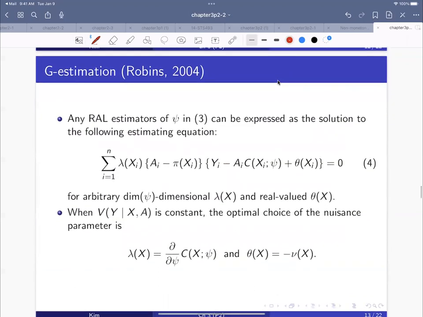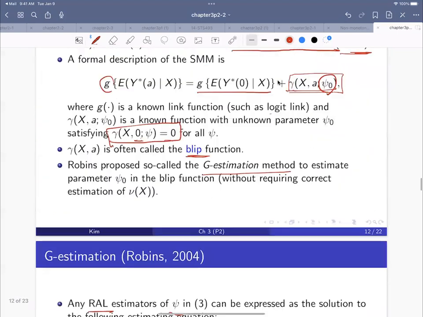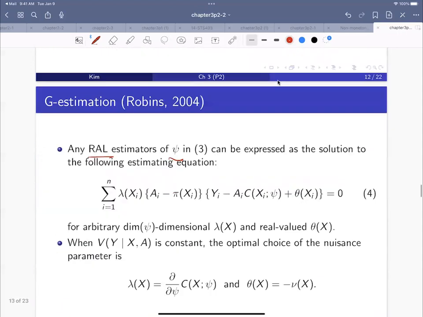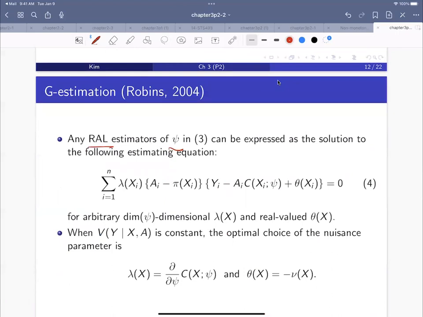So any RAL estimator of psi in this model, this semi-parametric model, can be expressed as a solution to the following estimating equation.